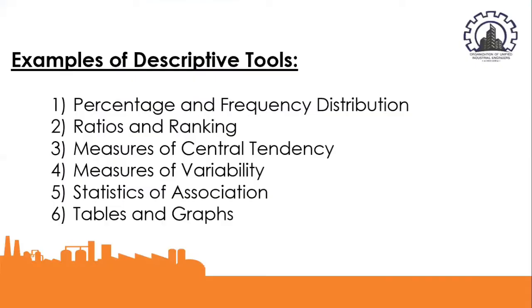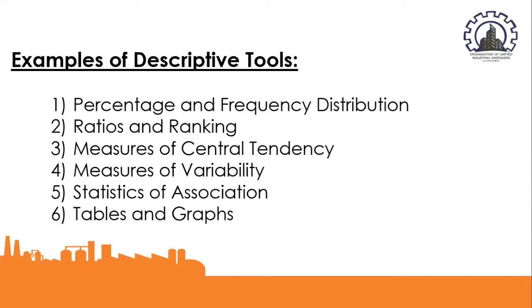Now, normally, the descriptive tools that we will be employing under descriptive statistics would be percentage and frequency distribution. We also have ratios and rankings, measures of central tendency, statistics of association, and tables and graphs.